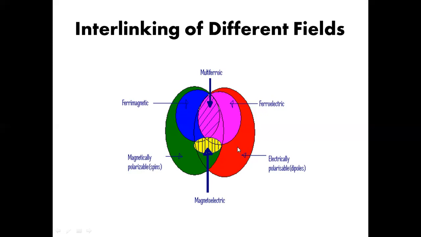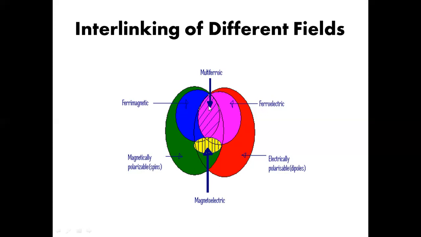All these circles are overlapping one over the another. Here you can see this overlapped area where the ferrimagnetic material is overlapping the ferroelectric material. So the internal fields of the ferrimagnetic material and ferroelectric material are overlapping one over the another, leading to the interlinking or cross-linking of these two fields.